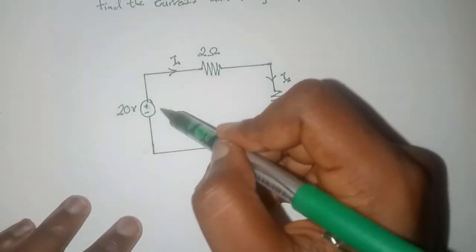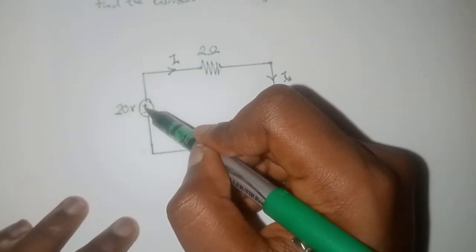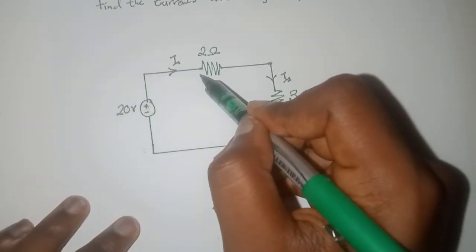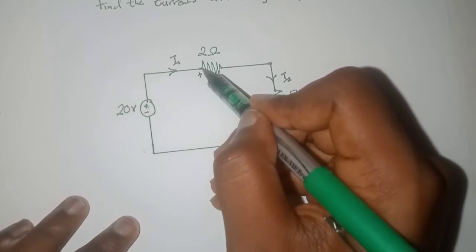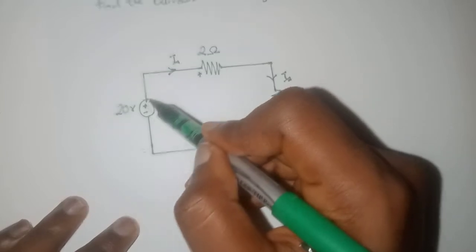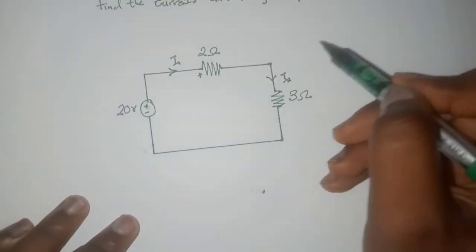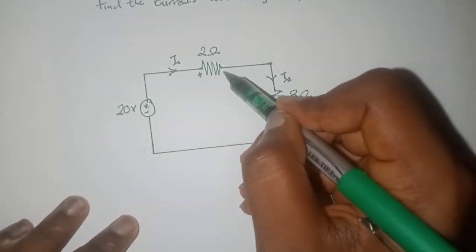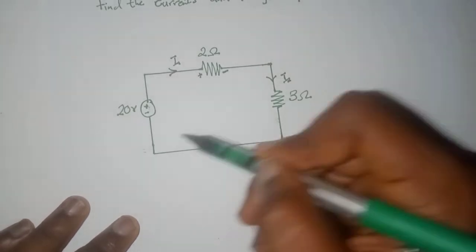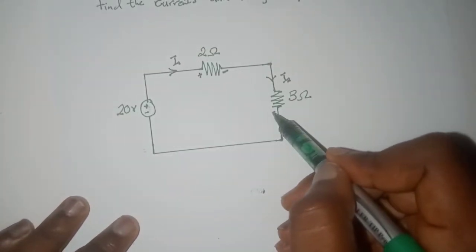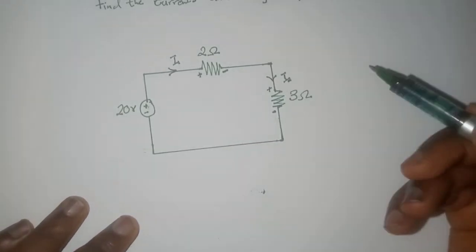As I mentioned in one of my earlier videos, on this side we have positive, because this terminal of the resistor is closer to the positive terminal. That would make the other terminal negative. This terminal will be negative and this terminal will be positive.